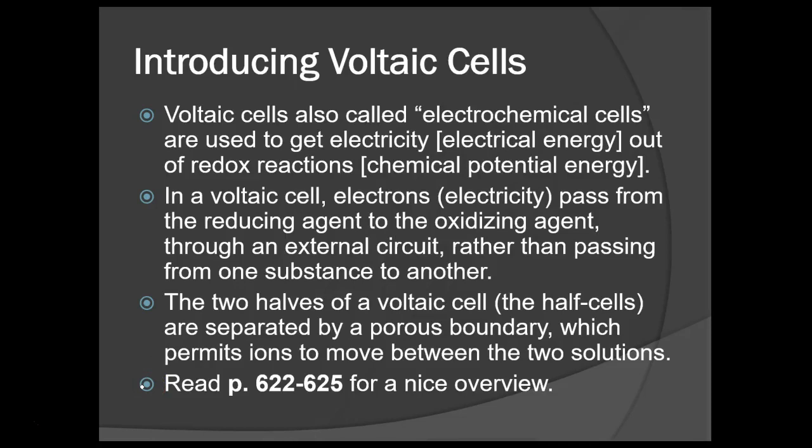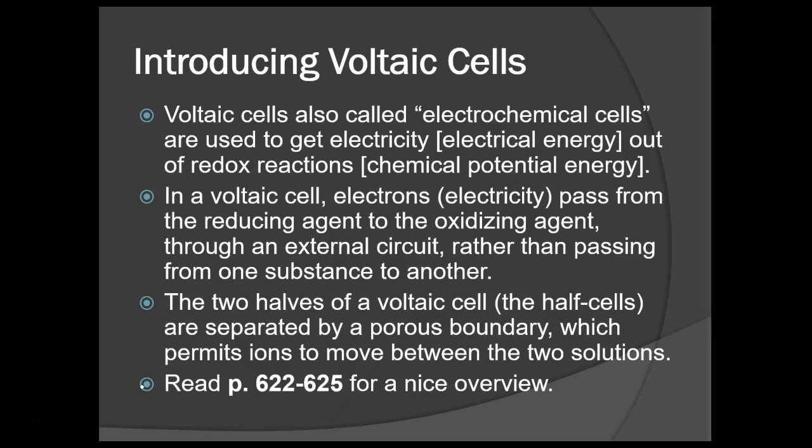So voltaic cells, also called electrochemical cells. Actually, electrochemical cell is a broader term that refers to both voltaic and electrolytic cells. They're used to get electrical energy out of redox reactions, which is a form of chemical potential energy.